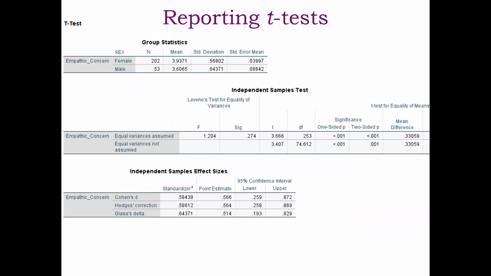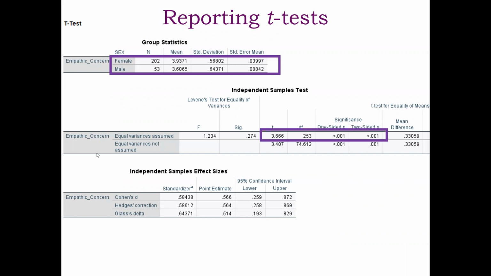Okay. So how do we report this? Here's the full output from SPSS. Here we have the means and standard deviations of both groups, okay? Remember, we are going to do equal variances assumed for this class. And here we have our t, degrees of freedom, and p-value, whether one-sided or two-sided. And this is our Cohen's d, or point estimate.